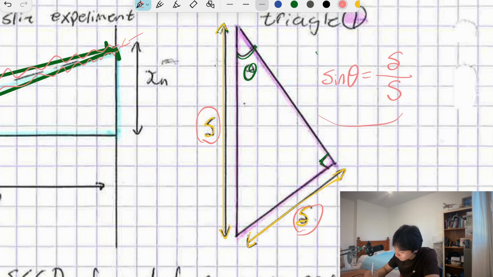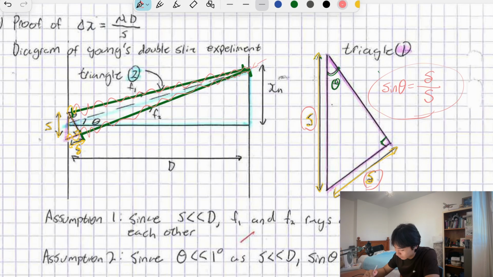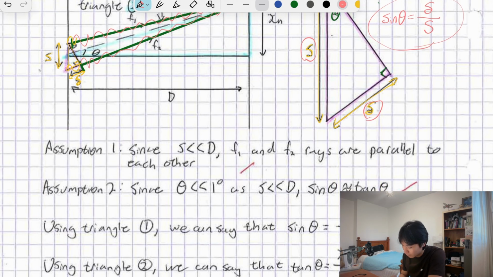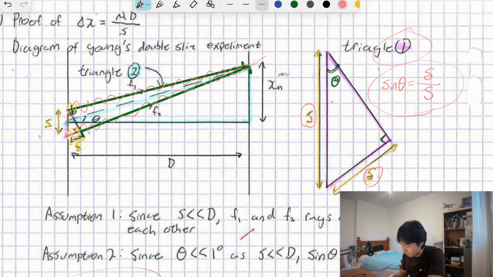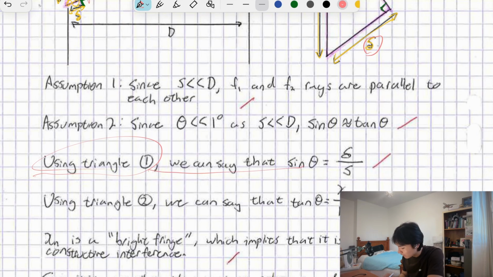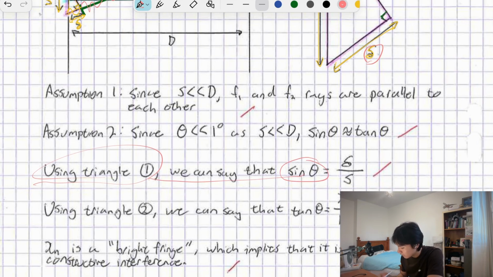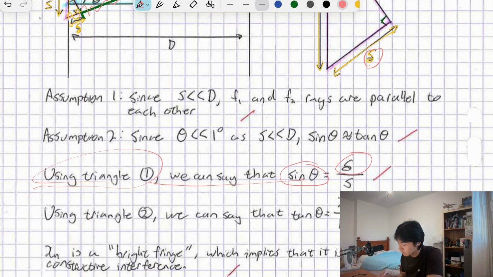We know this relationship using the first triangle, the one I drew here. We can say that sine of theta is going to be delta, the phase difference, over the slit separation S.